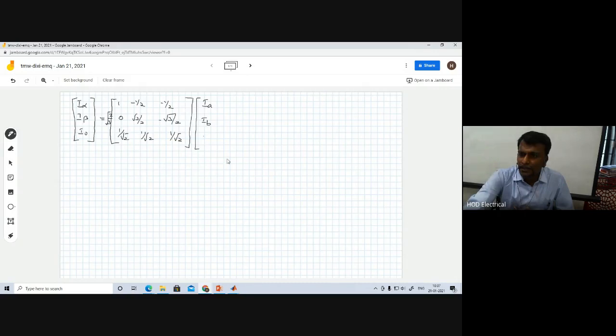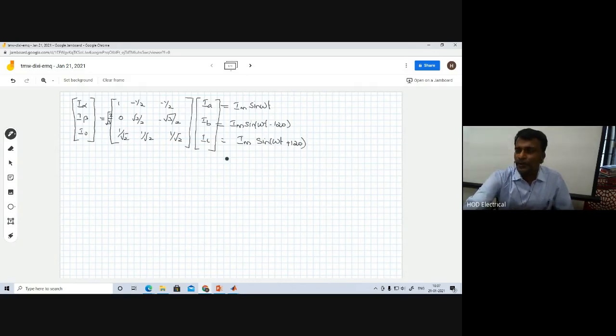IA, IB and IC. Assume that the current IA is Im into sine omega t. Then IB is Im into sine of omega t minus 120 degrees. Then IC is Im into sine of omega t plus 120 degrees.